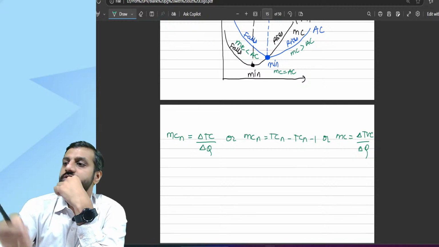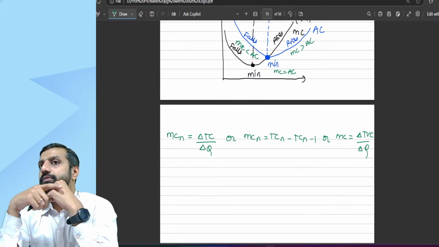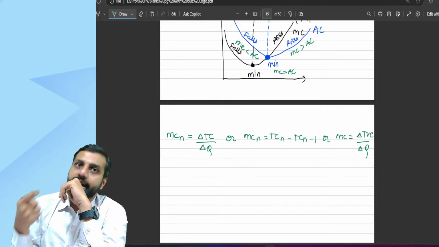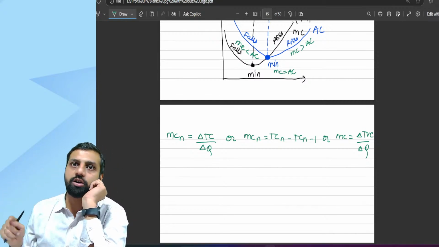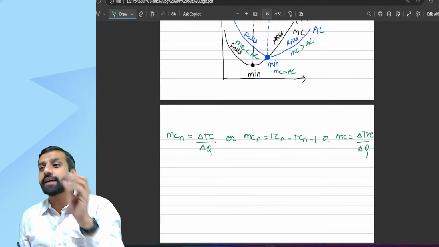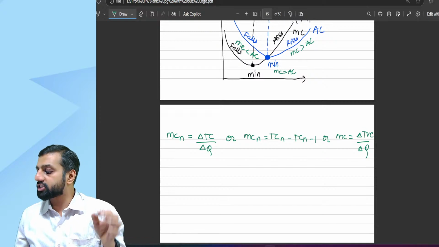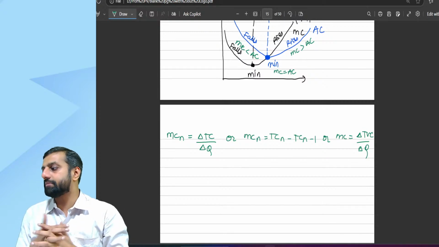So any change seen in total cost is due to total variable cost. So marginal cost is closely connected to the concept of variable cost. Marginal cost is the change in total variable cost.